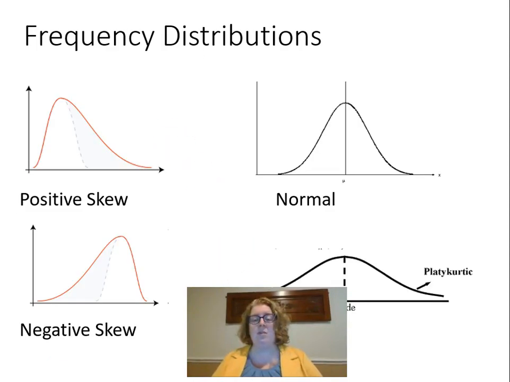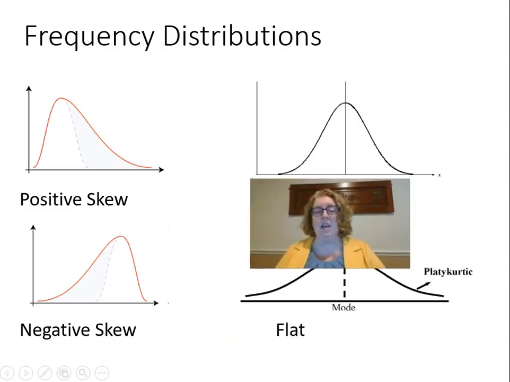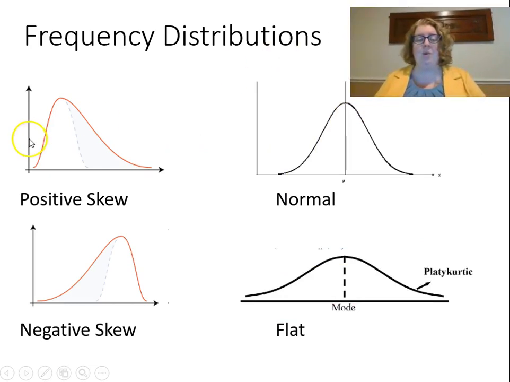When we look at these frequency distributions, we can see how it can have a positive or a negative or normal distribution. In this normal distribution, we have the same on each side. It's equal. We have the same number more or less than the middle score.